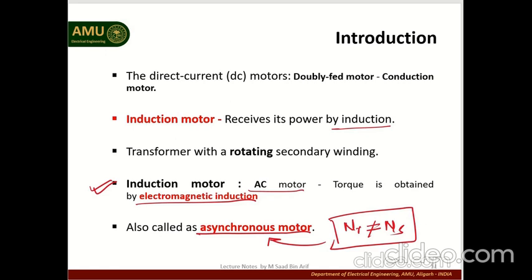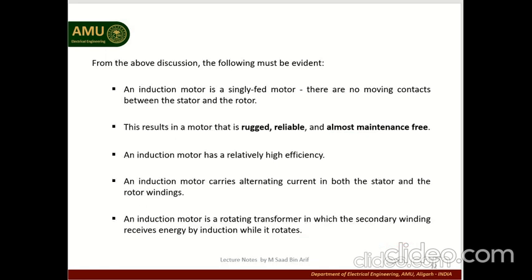Okay. Now, if we conclude our discussion, we observed that induction motor is a singly fed motor and there is no moving contact between the stator and rotor. This will be more clear when we discuss the construction of an induction motor.